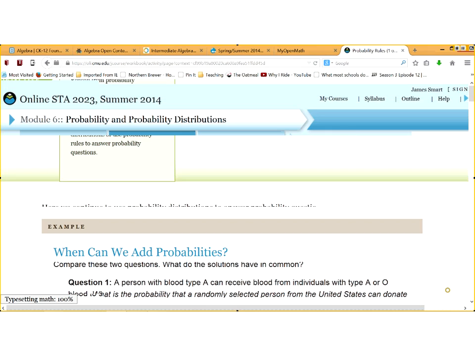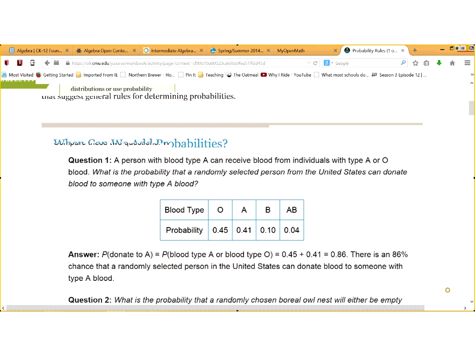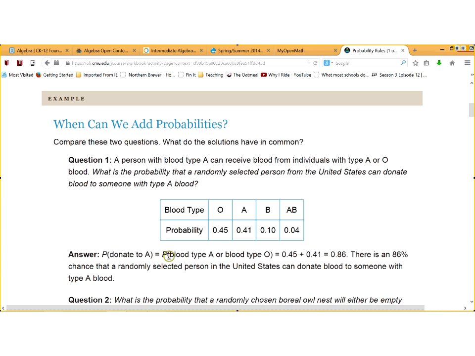All right, so some probability rules. Basically, the key with the first of the probability rules is that if you see the word "or" in your probability statement, that means to add the probabilities. Mostly.